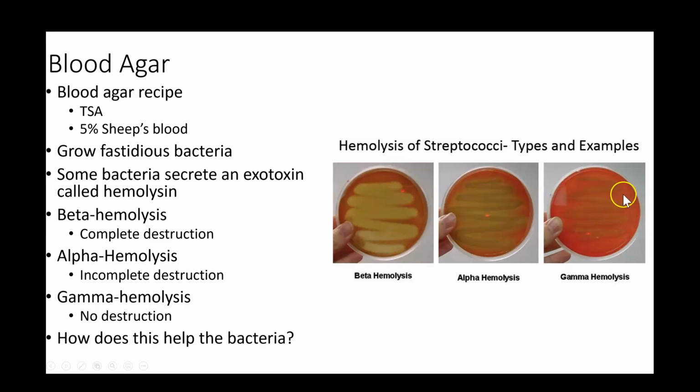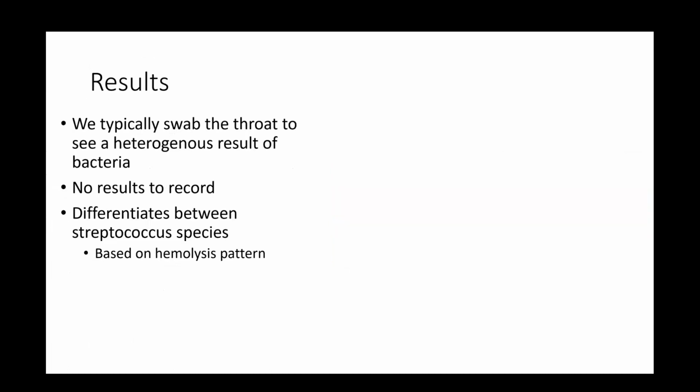The red blood cells are intact, and what you see is bacterial growth on the surface of the agar, just like you were growing it on any other agar. So based on this clearance pattern around the growth, either complete, incomplete, or none, we can characterize the type of hemolysin it has, and this helps us differentiate between the different strep species.